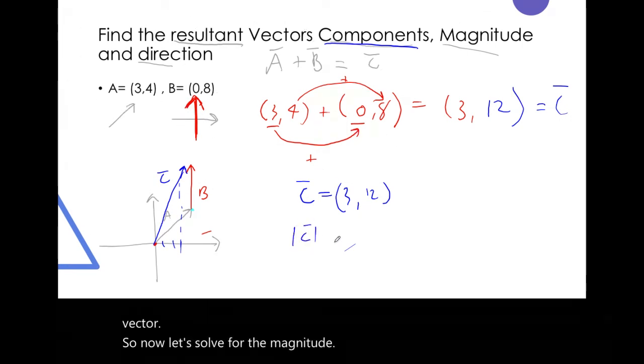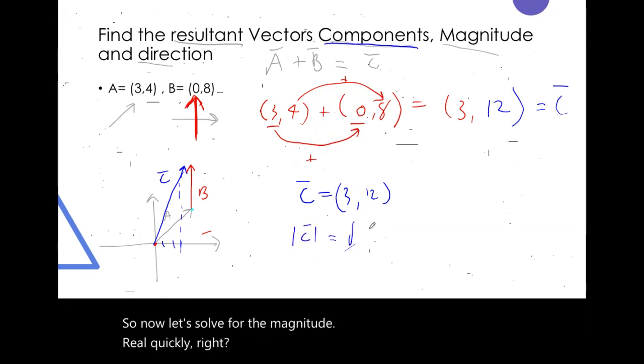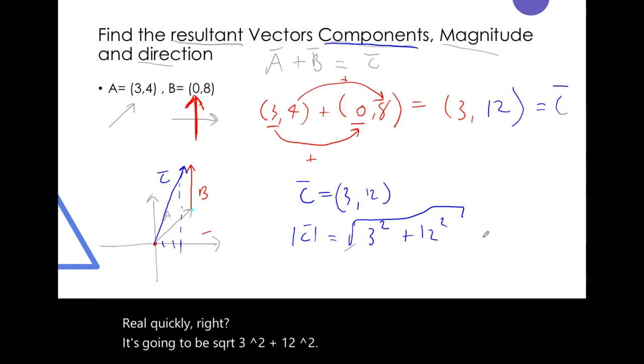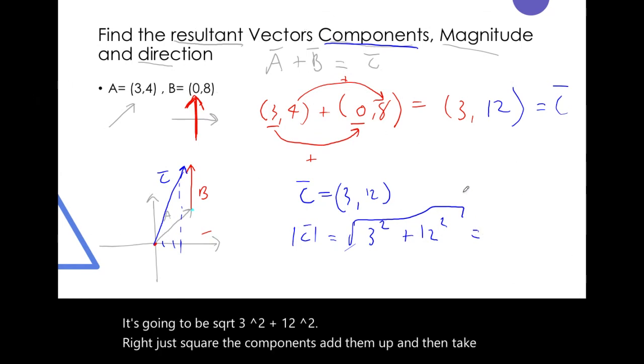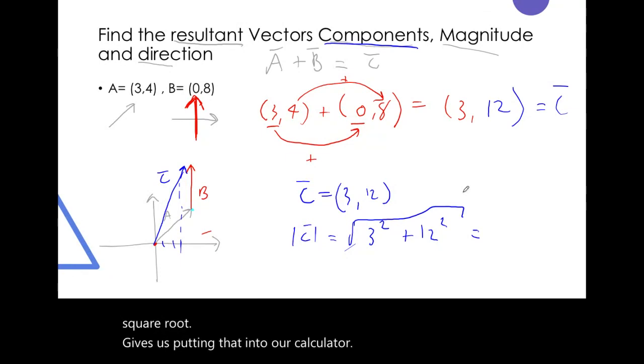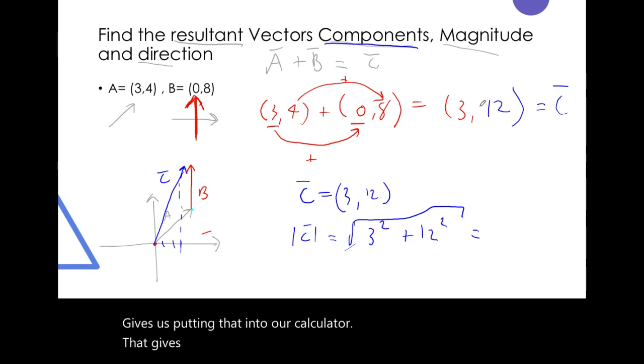It's going to be the square root of 3 squared plus 12 squared. Just square the components, add them up, then take the square root. Putting that into our calculator, that gives us roughly 12.4.